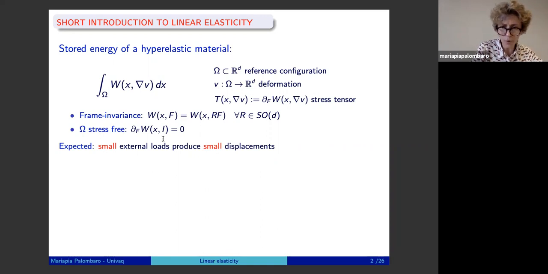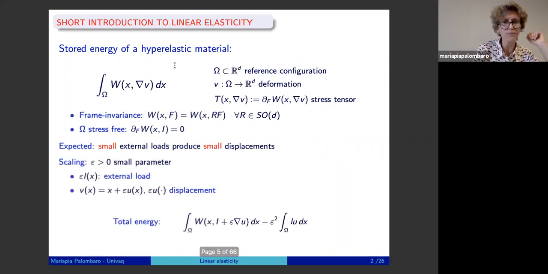This is the approach that we follow. So we are interested in the minimizers of a suitable scaling of this energy, and we would like to say that the linearized energy is a good approximation of this.